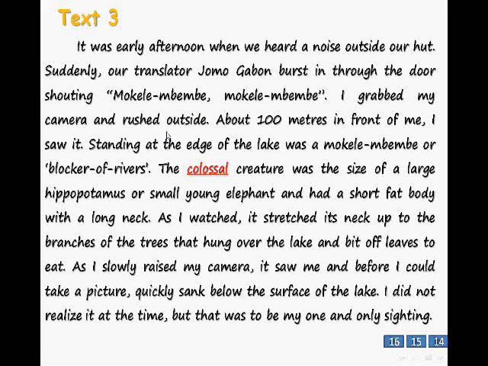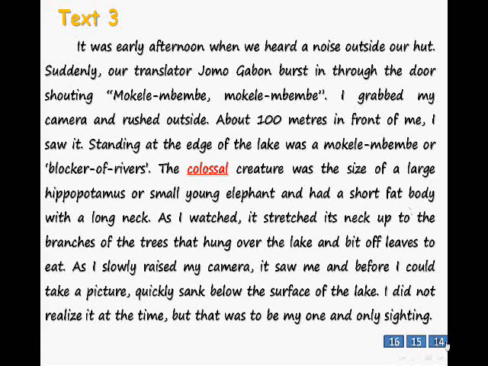So I grabbed my camera and rushed outside. About 100 meters in front of me, I saw it standing at the edge of the lake, this thing, or blocker of rivers. So this is the name or the meaning of this word, which is blocker of rivers.